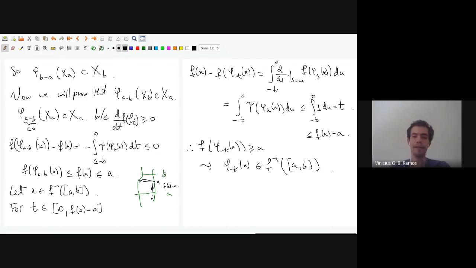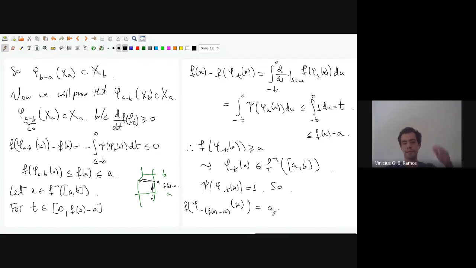So because phi minus t of x is always in this interval, then psi of phi minus t of x is equal to 1. So now what I can say is that if I actually take the flow at times minus f of x minus a of the point x, the image of this by f is going to be exactly equal to a.